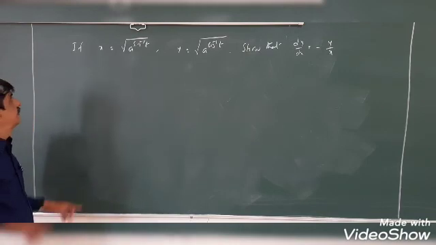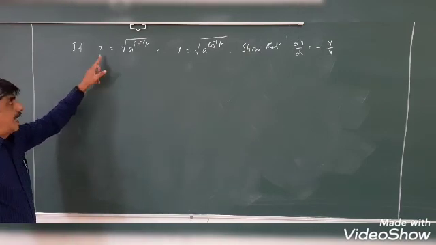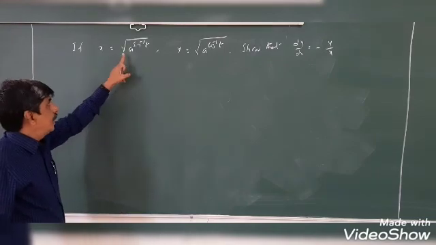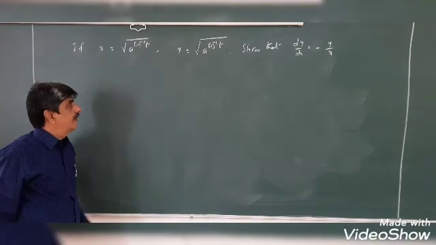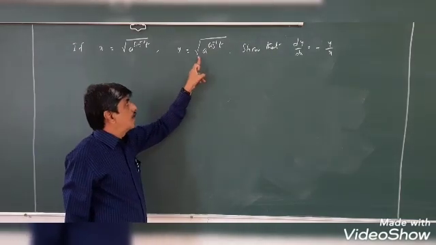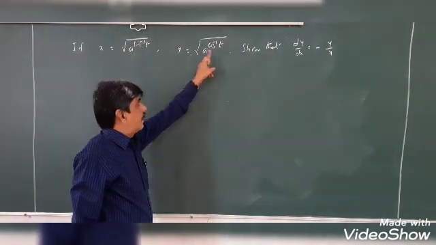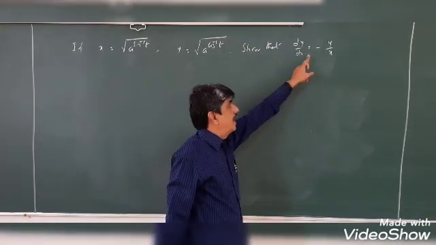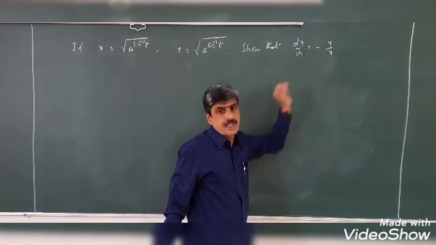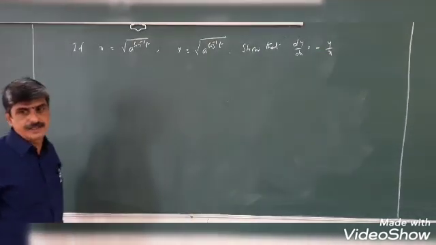Next numerical: if x is equal to root over a power sin inverse t, y is equal to root over a power cos inverse t, show that dy by dx is equal to minus of y by x.